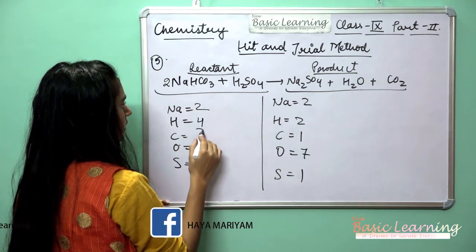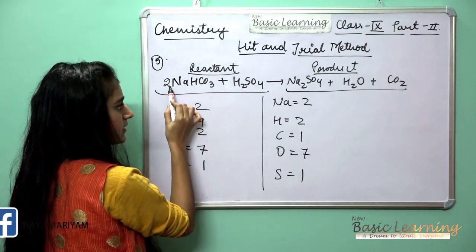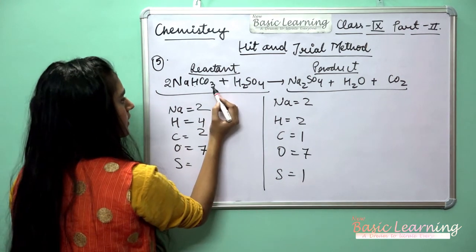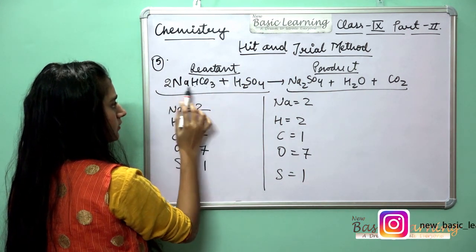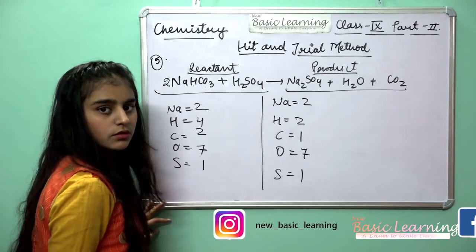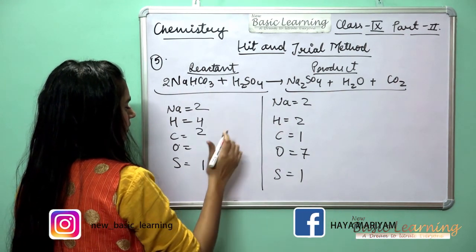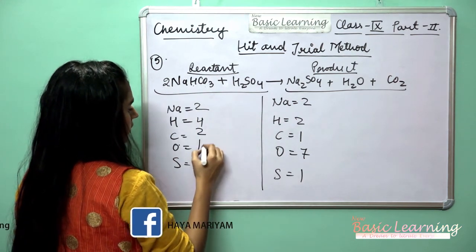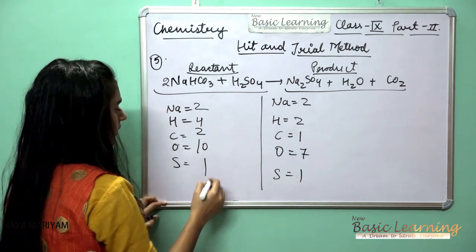Carbon 2 and let us see oxygen, that is 3 2s are 6 plus 4. When we multiply 3 into 2, it will give 6 and oxygen is here also 4, so it will be 10 molecules of oxygen and sulfur is only 1.